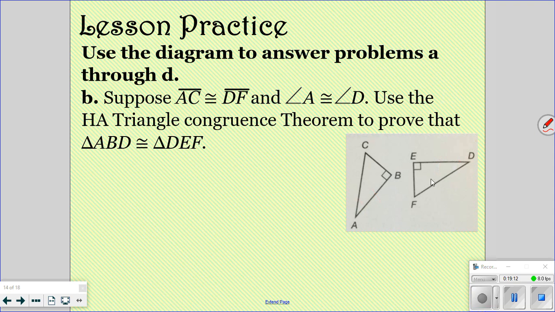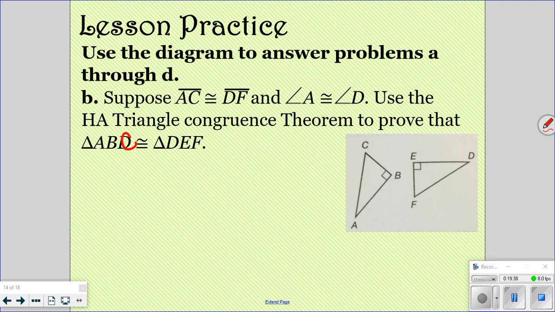Looking at the next one, use a diagram to answer this one. Y'all try it by yourself and then unpause the video and I'll go over it. So for this one, they tell us that triangle ABC, no, that should be a C here, ABC and DEF are right triangles.